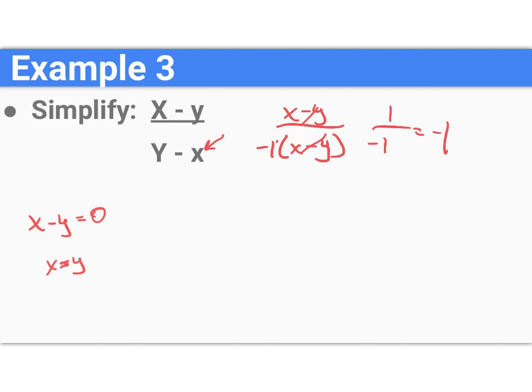If you remember anything about graphing, you should be familiar with what the graph of the line y equals x, or x equals y, looks like. And when we graph, we always put the y on the left. So those were our 3 examples. Please work on the upcoming practice problems on a separate piece of paper, and I will see you at the end of the video for a short recap.